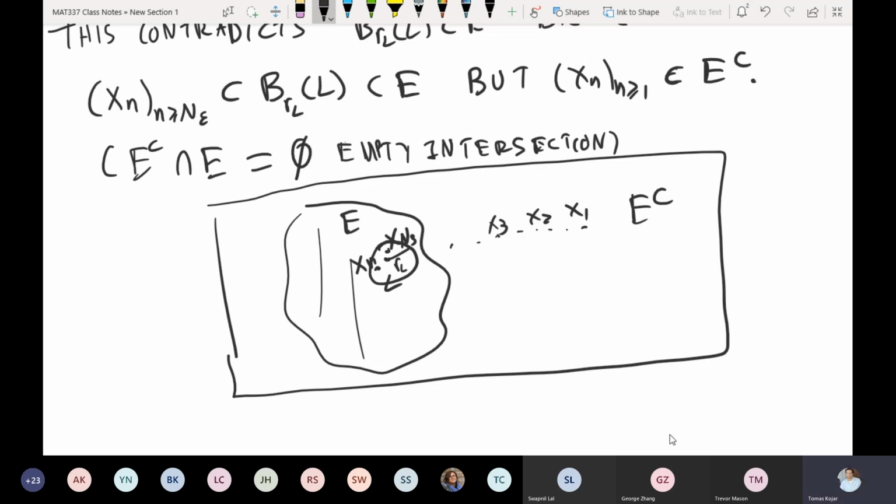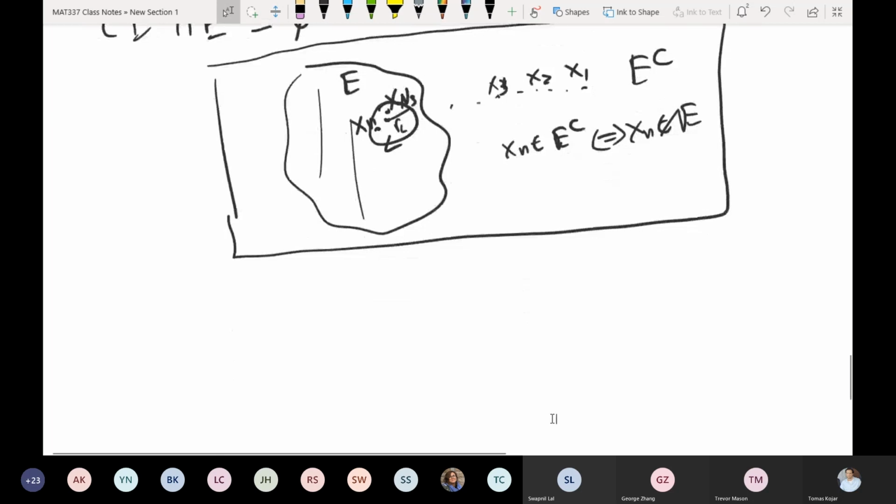Okay, so that's the contradiction because xn are all in E complement, so they cannot be in E. Is that okay? All right, so that's one direction.